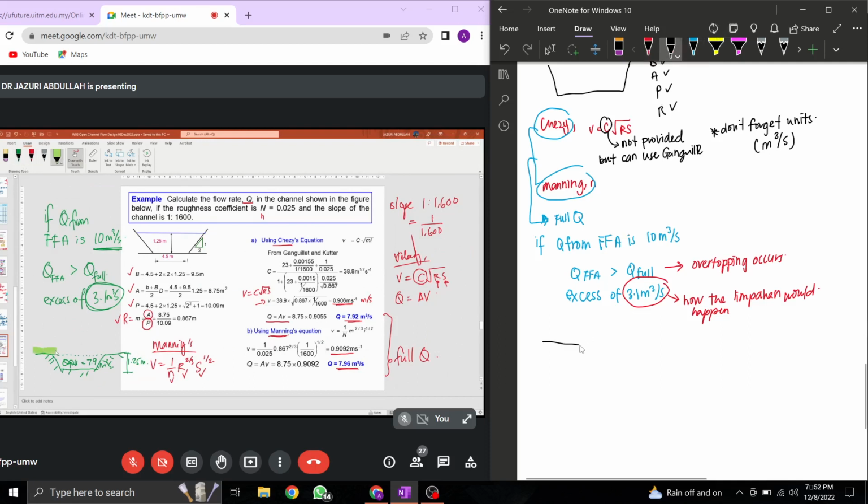So this is the excess. Okay, so the excess water, so the Q excess equal to 3.1 meter cube per second. The question is, what is the overland water depth? Okay, so this is the something that you should understand yang you kena buat.